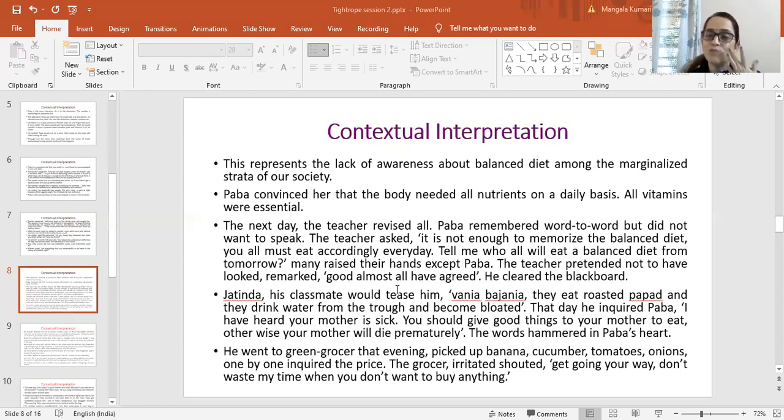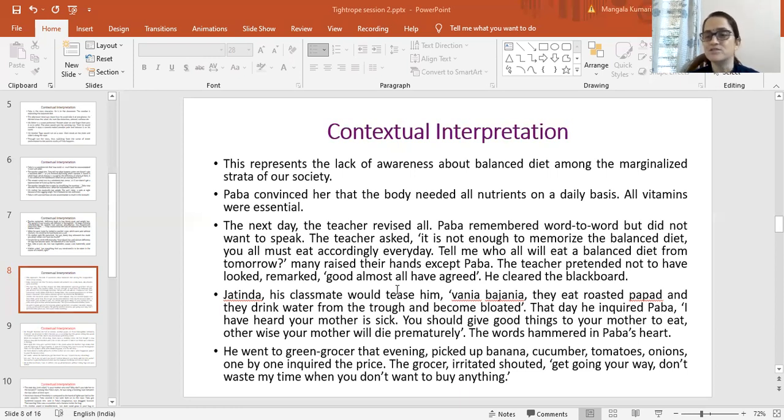Normally, small children tease others in this way. Trough means totti in Tamil. In this way, Jatinda used to tease Baba because Baba belongs to the Bajania community.